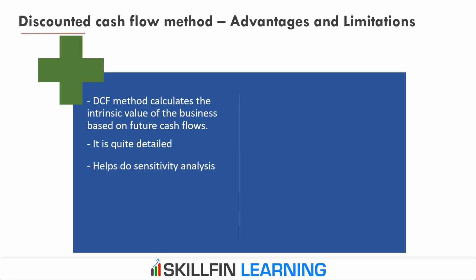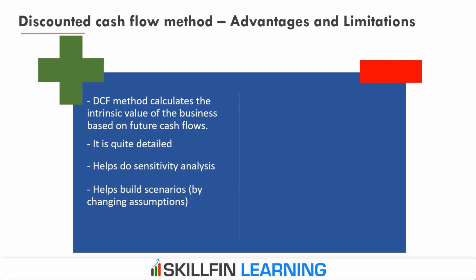This method helps do sensitivity analysis by changing few levers like growth, margins, capex, etc. And we can also build scenarios using this method. So a discounted cash flow method involves building a detailed financial model, and we can use this model to build multiple scenarios. Limitations of discounted cash flow method are as follows.